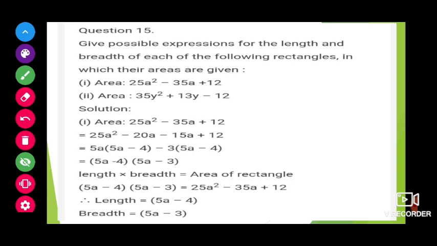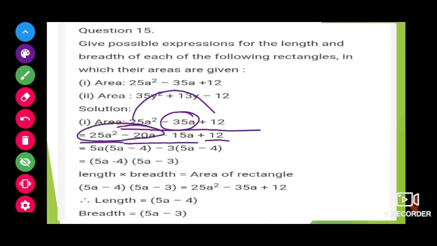Now the given expression is 25a square minus 35a plus 12. We have to split the middle term so that if we multiply, we should get 25 into 12, and if we add, we should get 35. So 25a square minus 20a minus 15a plus 12.